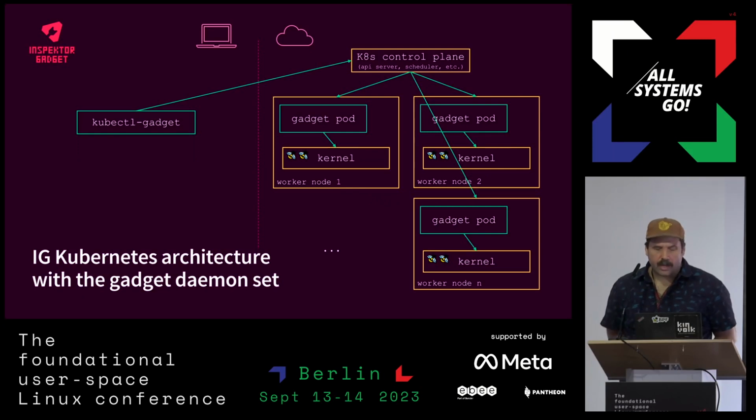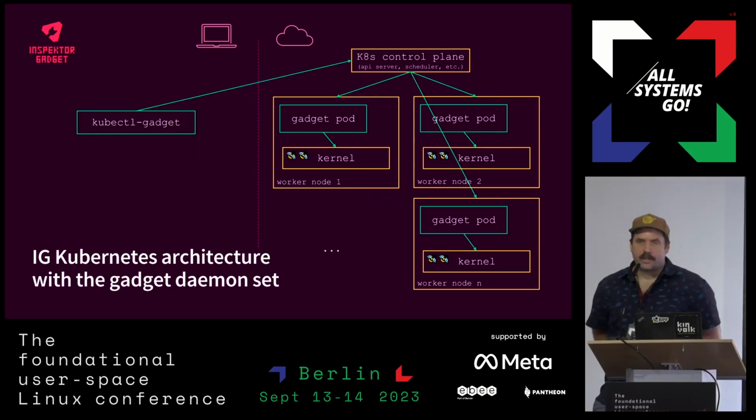In Kubernetes, it's a little more complicated because we want to run on all the nodes, at least in the standard mode. And so here, you just run kubectl gadget deploy, and it'll put gadget pods on each node, and then you can do the standard queries, and you basically get aggregated data from all the nodes.